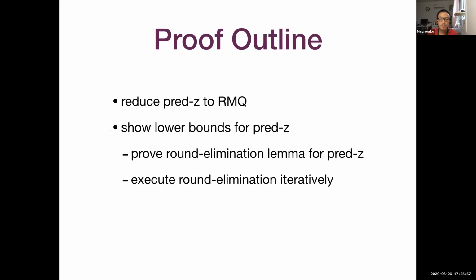We believe PREDZ characterizes the hardness of RMQ. At first, we reduce PREDZ to RMQ. Then, we show a lower bound for PREDZ. In order to do this, our strategy is a new round elimination on carefully chosen hard queries.